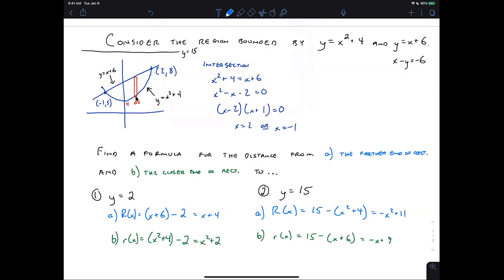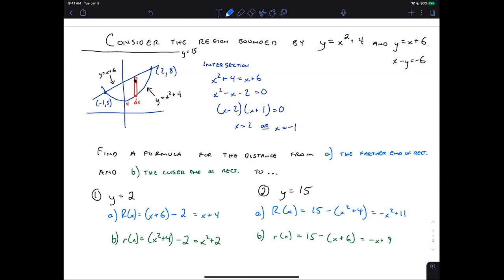Does that make sense? Okay, so when we're looking at the distance from the line to the farther end, it's vertical, but the top y is 15, the bottom y is x squared plus 4 this time. Clear? And then the closer end of the rectangle happens to be the top because it's closer to y equals 15. So you take the top y, which is 15, minus the bottom y, but the bottom y is the top of the rectangle.